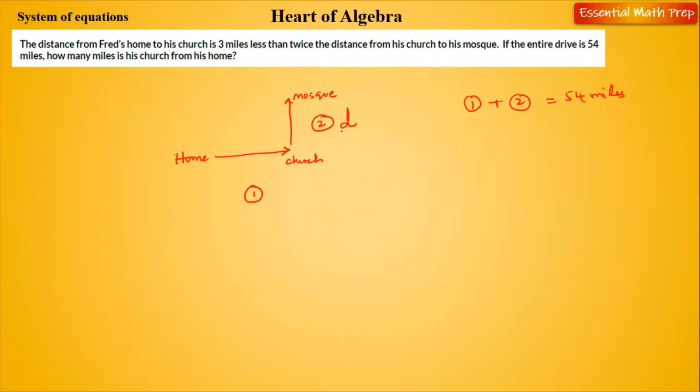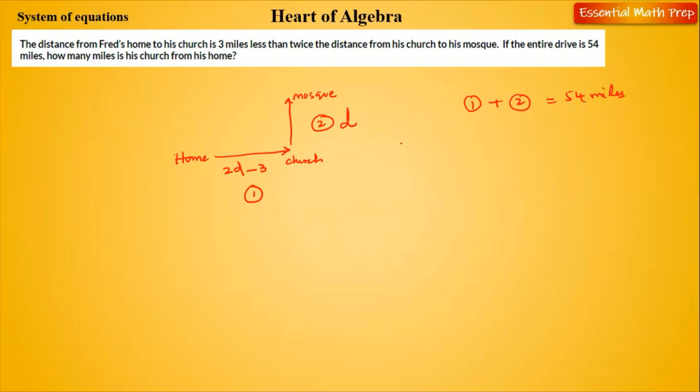We keep this univariate so that distance from Fred's home to his church is 3 miles less than twice the distance from his church to mosque. In other words, it's 2D minus 3, right? Twice the distance from church to mosque minus 3 miles less, right?